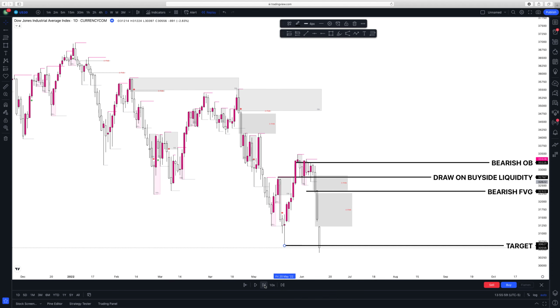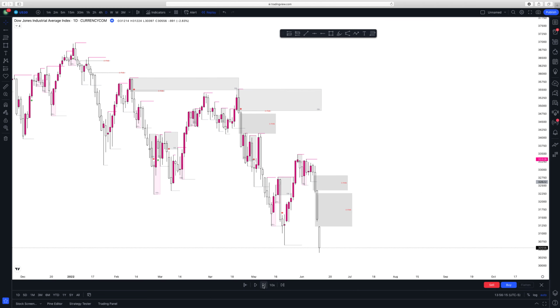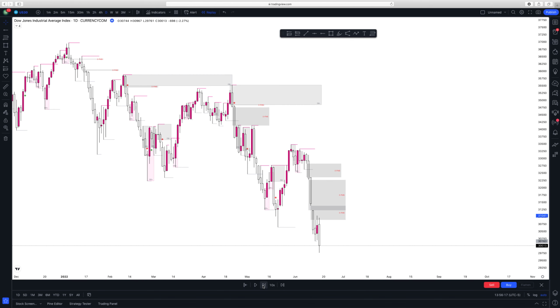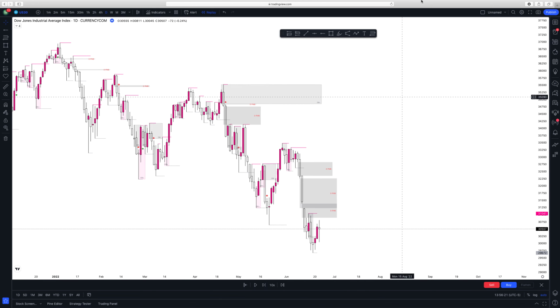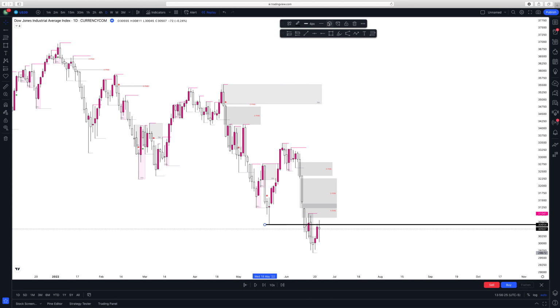So you guys pretty much see how it was a draw on buy side liquidity, a bearish order block formed, and then also a bearish fair value gap had formed. So I'm going to go ahead and clear my chart. There's now a draw on sell side liquidity.